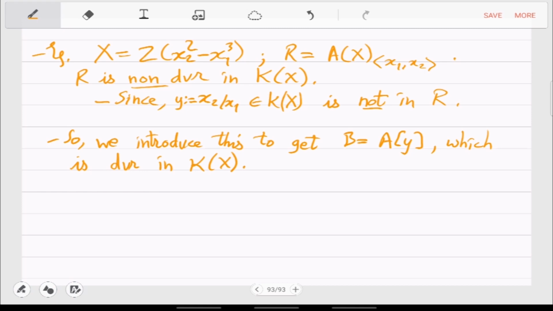You just need to introduce these integral roots, which gives a DVR in K(x) that extends R. So in this case, as I have said many times, in this curve there was only one point of singularity, and we have resolved it. So now we have a birational curve that is non-singular, right?